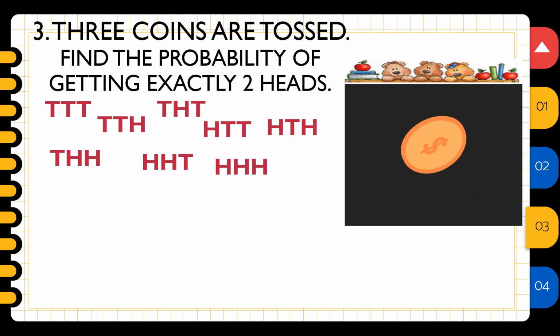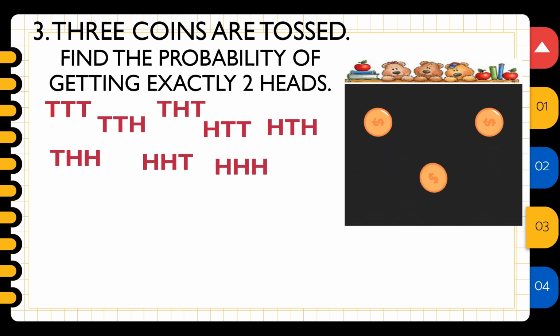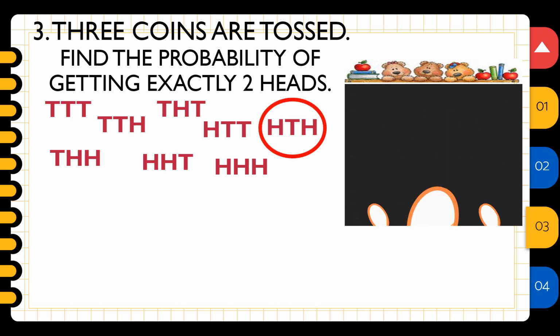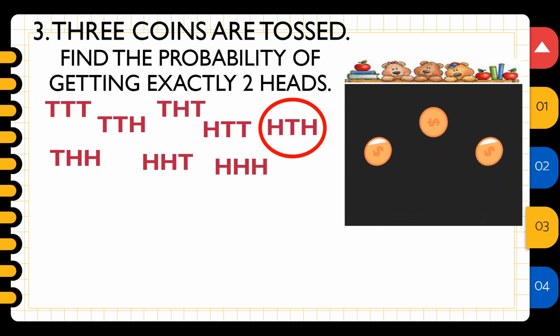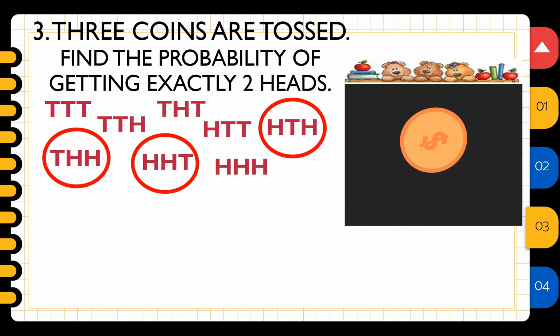Now, based from here, how many times does exactly 2 heads appear? We have head, tail, head. We also have head, head, tail, and tail, head, head. So there are 3 chances that the event will come out. Now, how many possible outcomes are there? There are 8 possible outcomes.